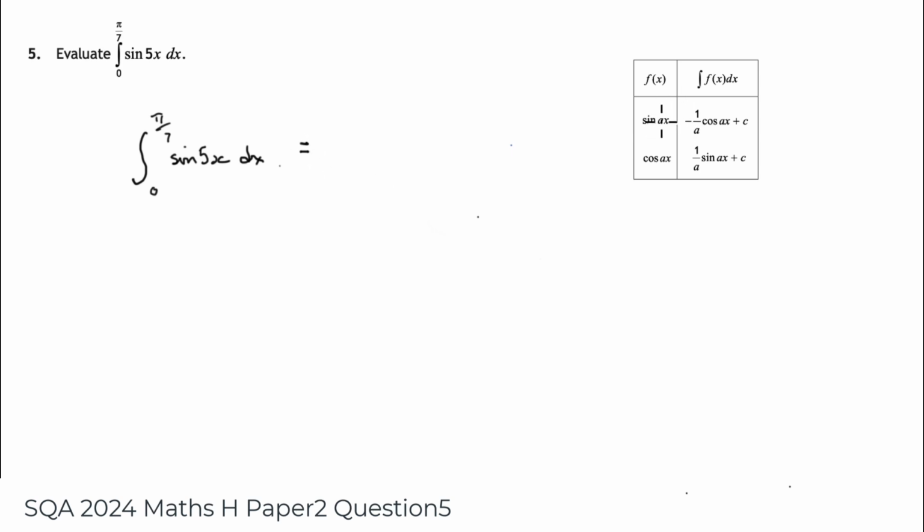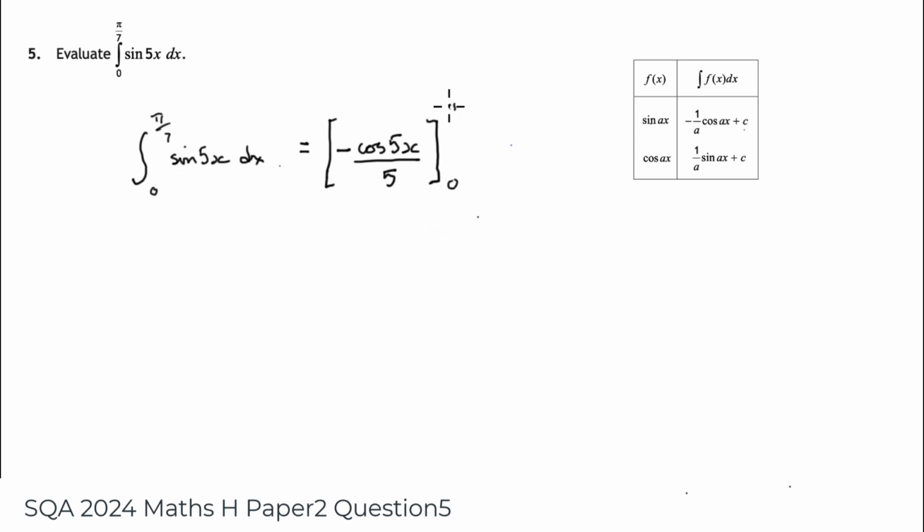In this case, a is 5, and we're told it's the negative of cos 5x, but we have to divide by 5. It's 1/5 of that. So we know the answer to integrating is negative cos 5x, but there's this factor of divide by 5. And we don't need a plus c because we're evaluating this.